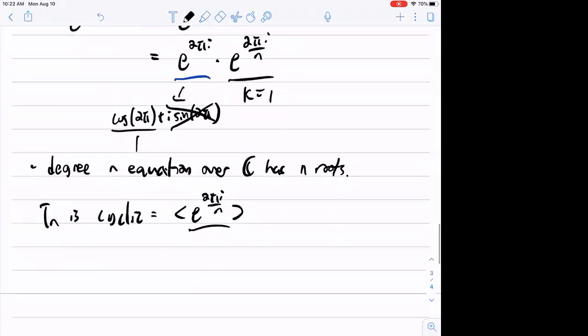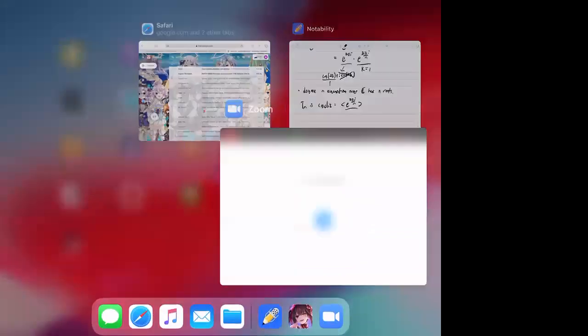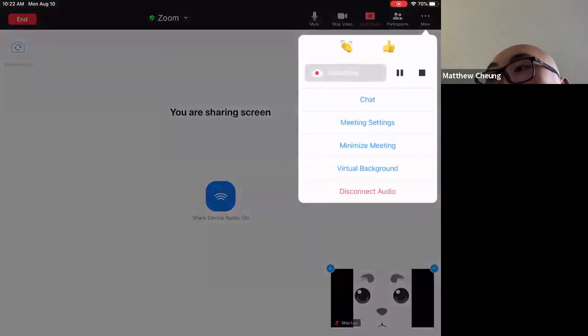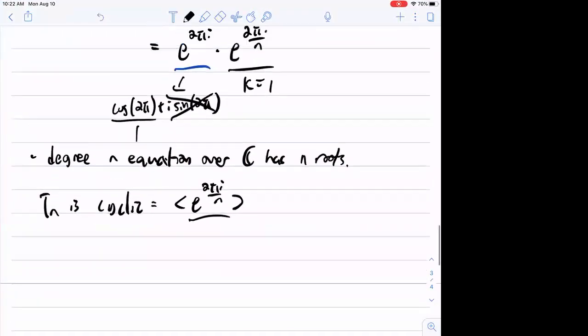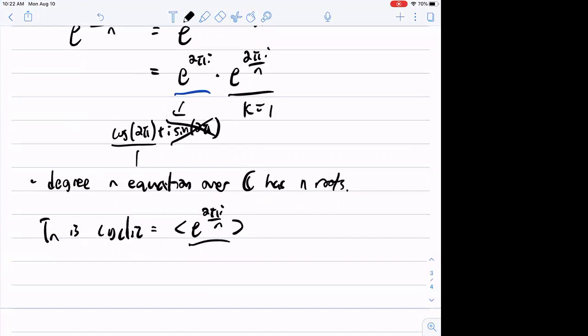So this is an example of a cyclic group. Is everyone clear so far? Okay. So picture-wise, it splits the circle into equal parts.